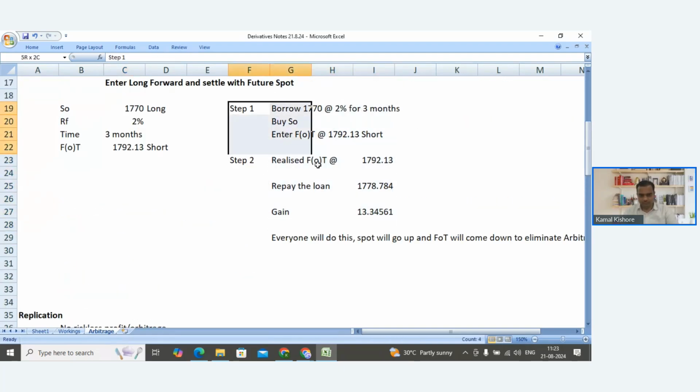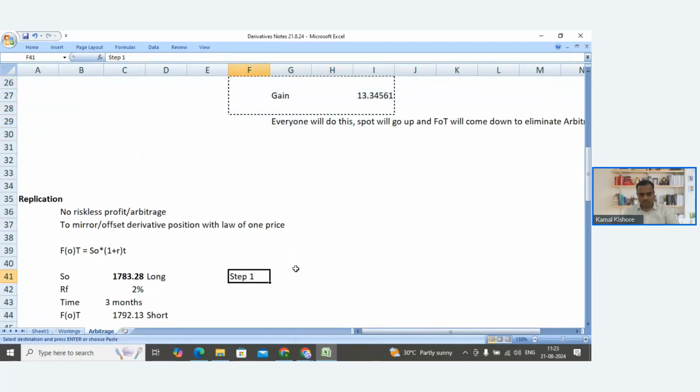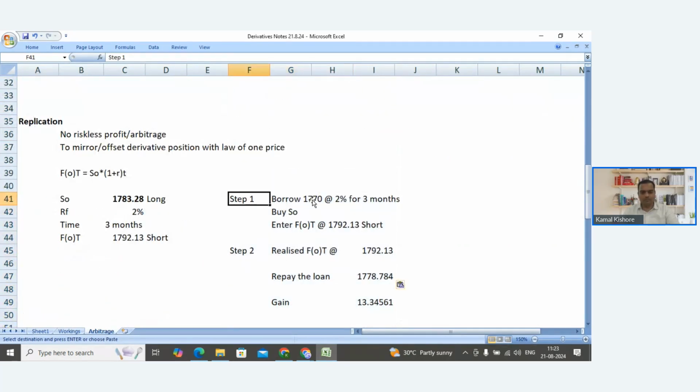Same thing. Borrow how much? 1783.28 at 2% for 3 months, and enter a futures contract. I'm realizing futures. Tell me the loan amount.